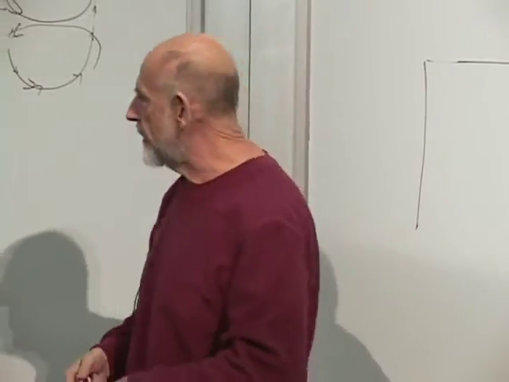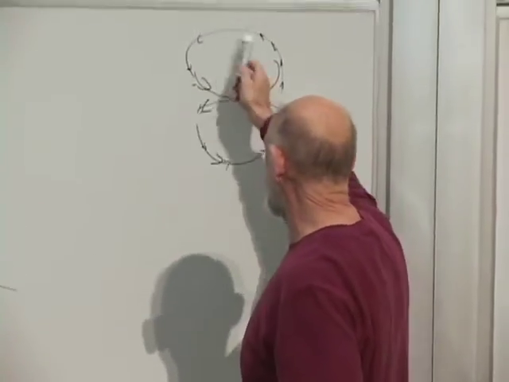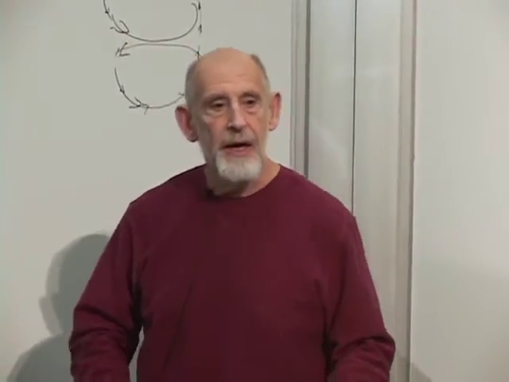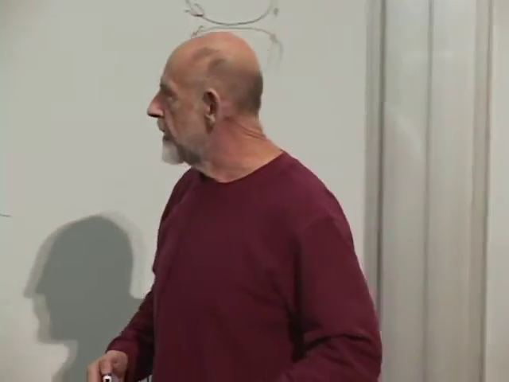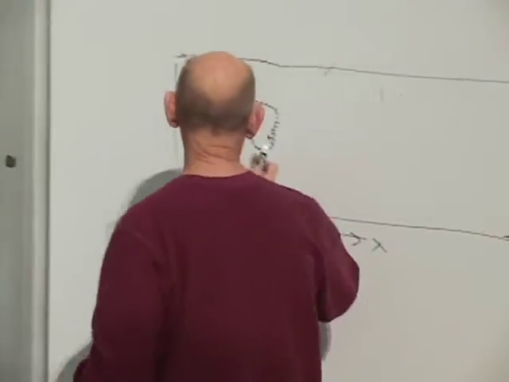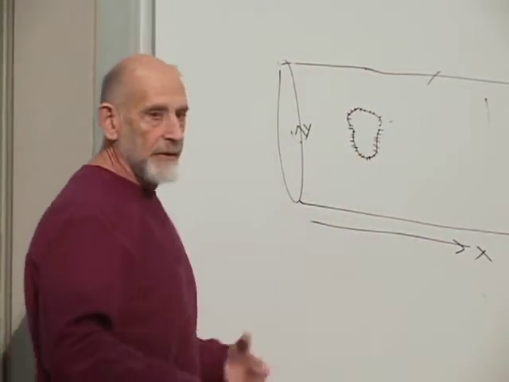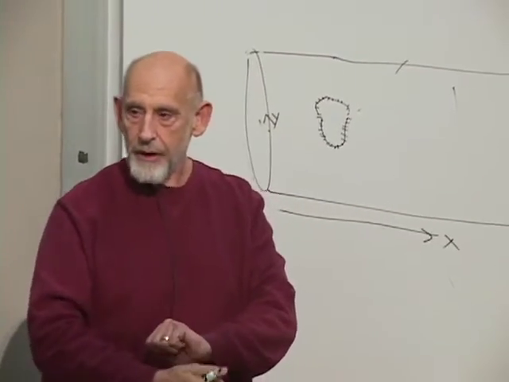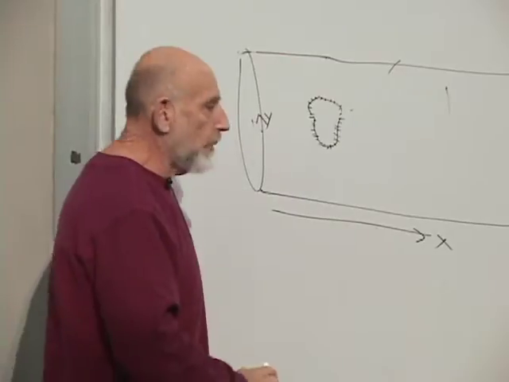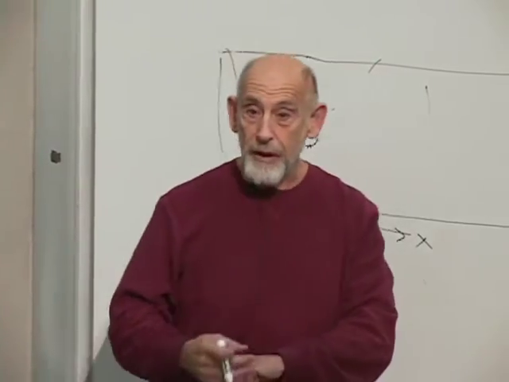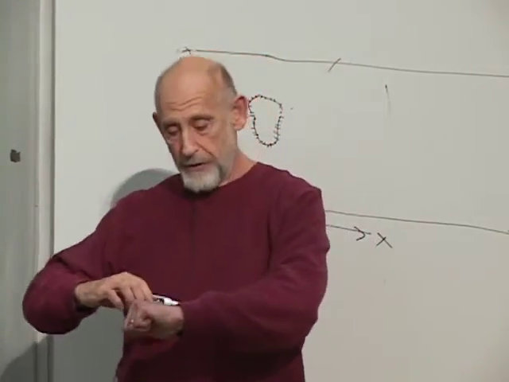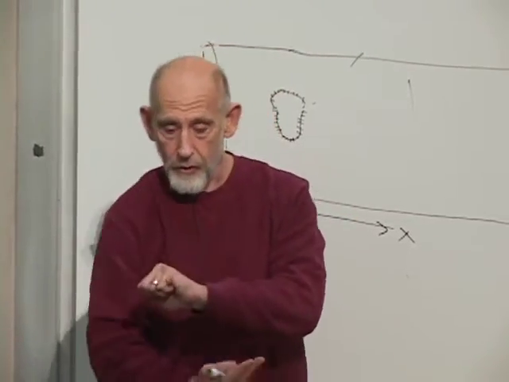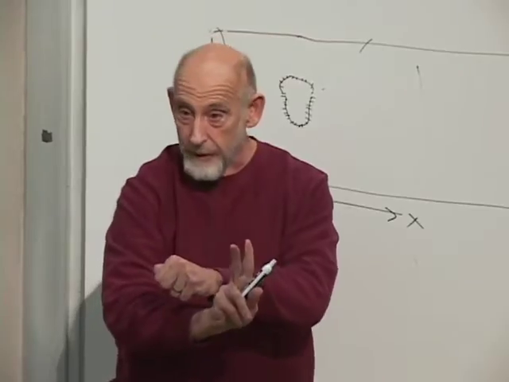Once, as we follow the string around its own shape, sigma goes from 0 to 2 pi. It's a completely separate question of whether the string is wrapped around the extra dimension, in the same sense that a rubber band could be wrapped around my wrist. If it's an oriented rubber band, you can wrap it so that the arrows point this way, or so that the arrows point this way.